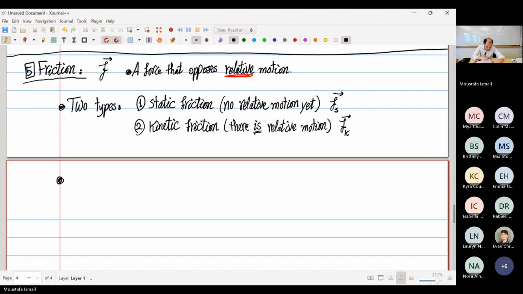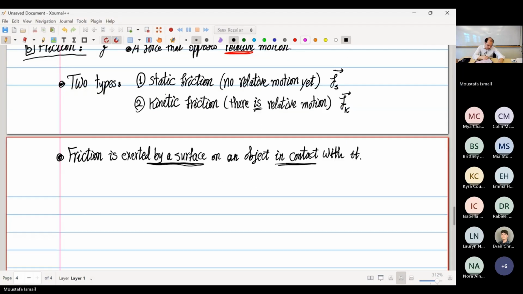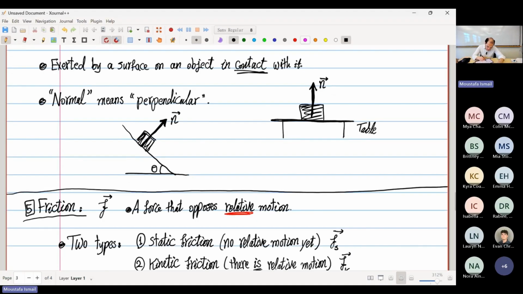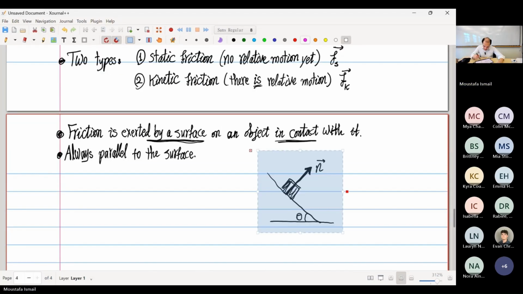So let's write that down. Friction is exerted by a surface, this is the agent, on an object in contact with it, it is always parallel to the surface of contact. So if we take the two examples we have here, or let's take this particular one for the object tilted, and there was a normal force that's still there.